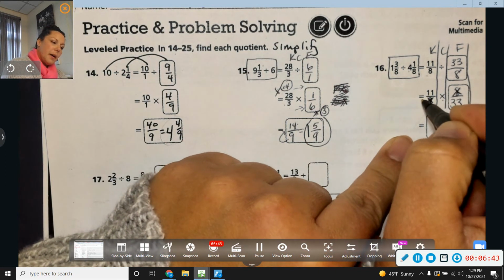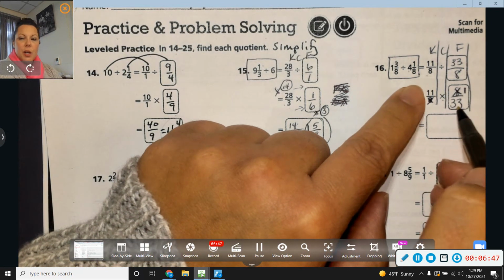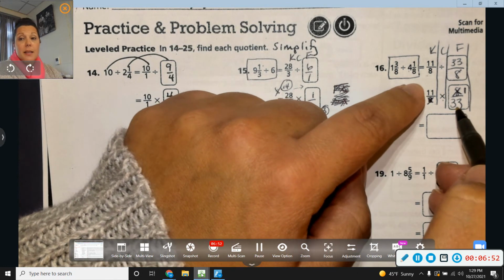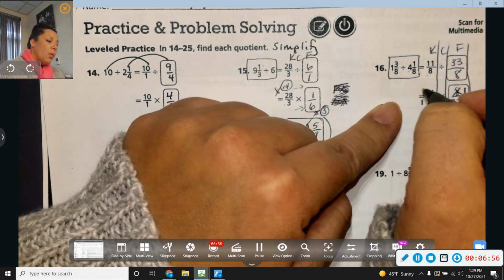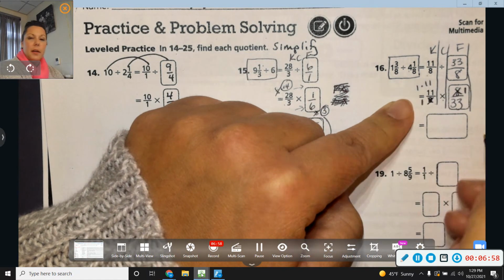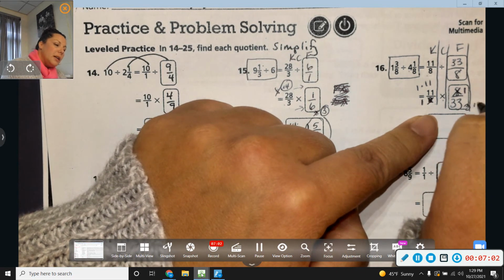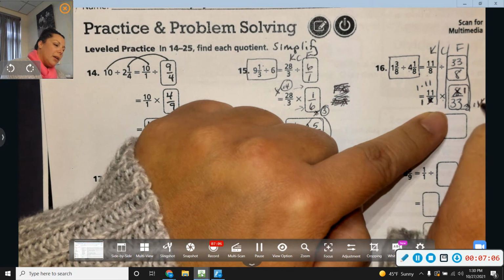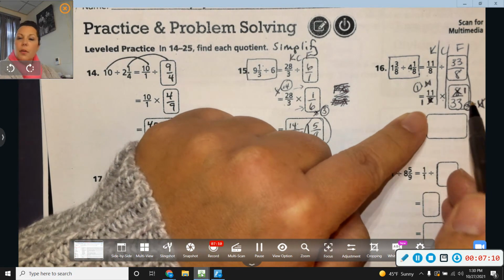I cross them out, make them 1s. If you don't know your 11s very well, you might not recognize that 11 and 33 will reduce. So 1 times 11 is 11, and I know that 3 times 11 makes 33. I can get rid of my 11s, keep my other number.